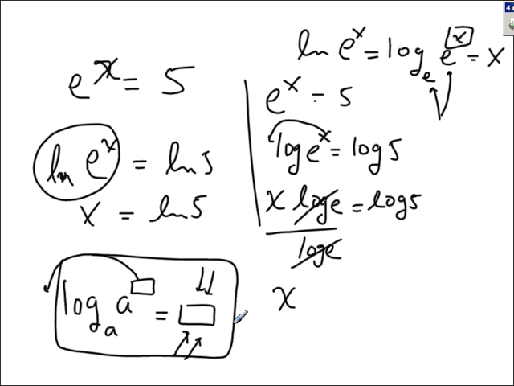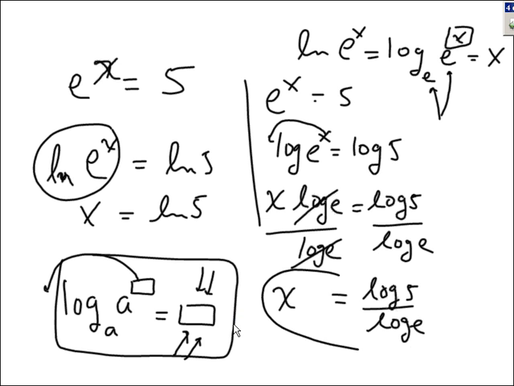Then you just get x. This is not log times e, it's log e. Log 5 over log e. That's the same as ln of 5.